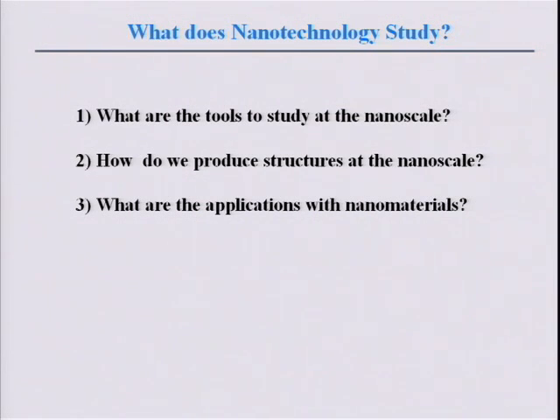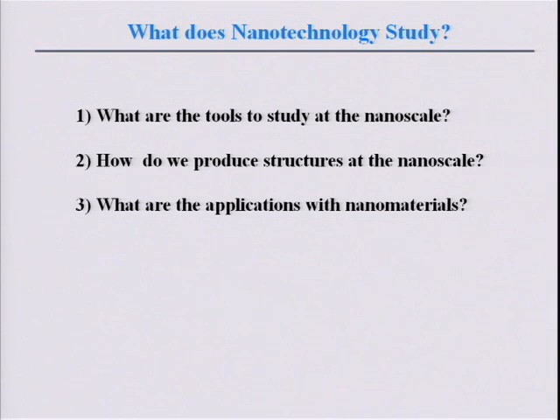So given this example, now what does nanotechnology do? People have developed transistors down to about a 30 nanometer size scale. So what nanotechnology does is develop new tools to study and see the size in the deep nanometer scale, even atomic scale.